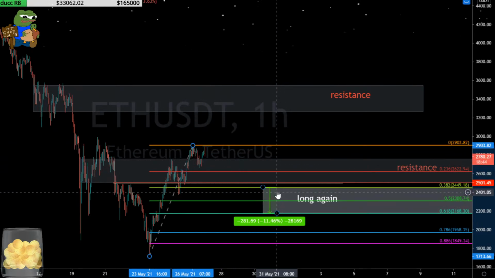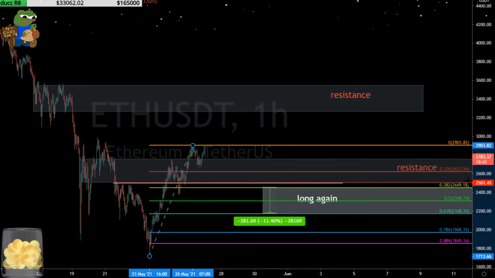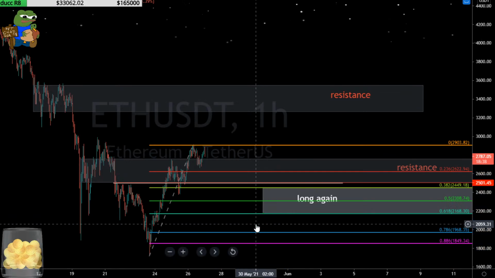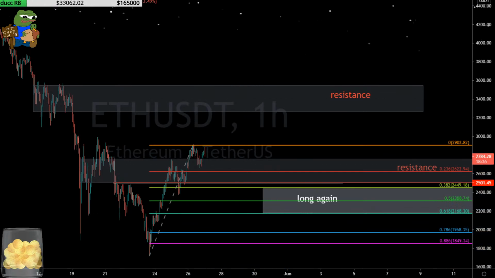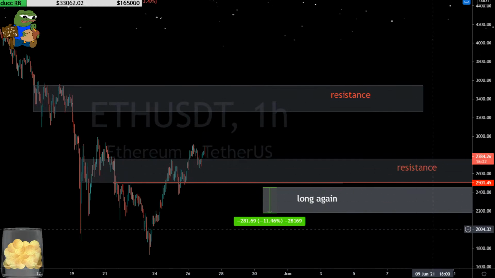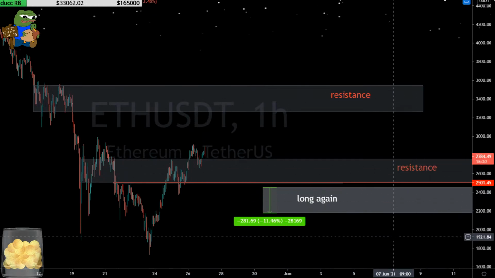And we are targeting between the 382 and the 618 on the fib retracement, the golden retrace zone. 11% to the bottom of that zone, and that is Ethereum.